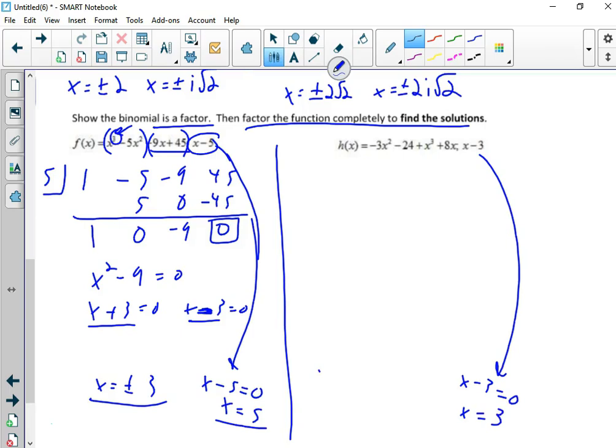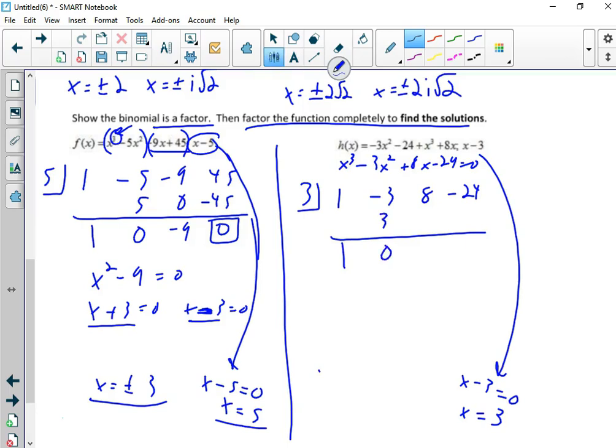Now, this is not in the right order. Should be x cubed minus 3x squared plus 8x minus 24 equals 0. 3 goes in the box. 1, negative 3, 8, negative 24. Drop down the 1, multiply, add, multiply, add, multiply. It is a factor.